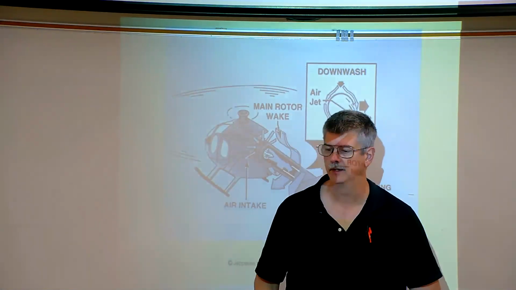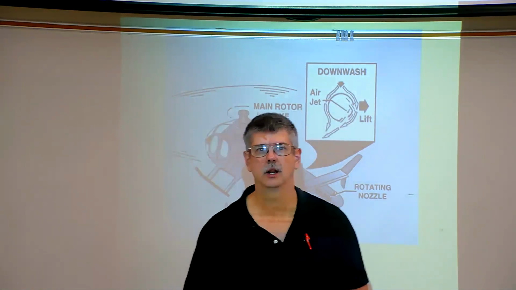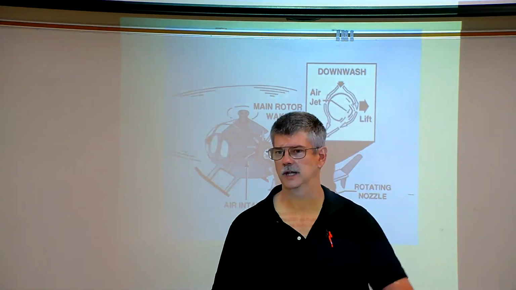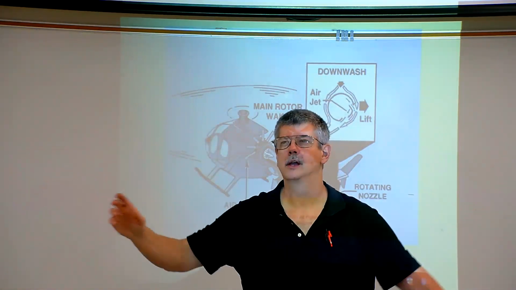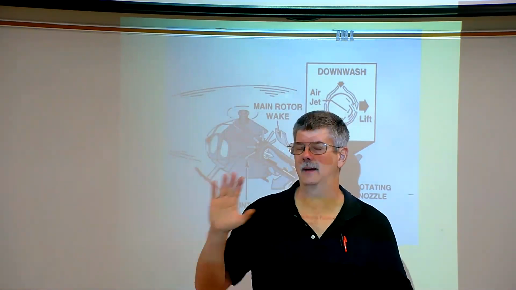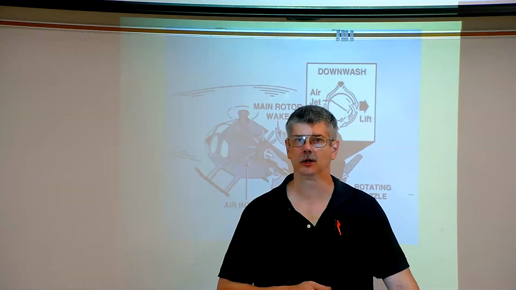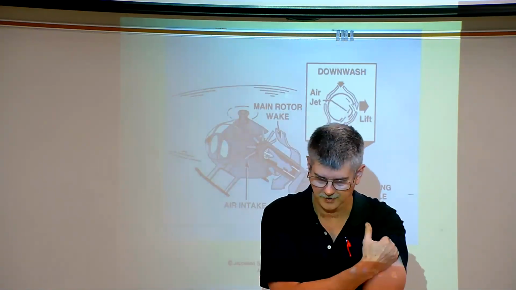Maybe it was when I talked about the throttle. With the throttle on the collective, we can set the engine power setting, okay? But if we're doing that on the ground, we're setting the RPMs. We turn the throttle to get a given RPM, let's say 2000 RPMs, all right?